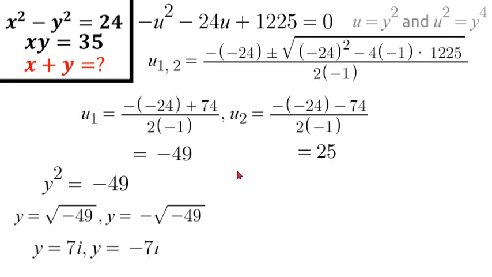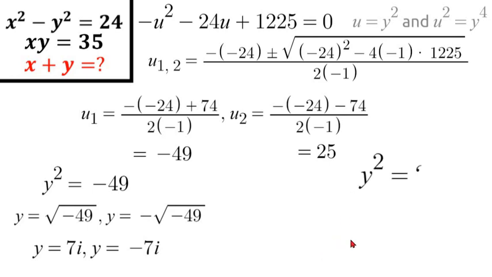And the square root of negative 49 would be 7i, because we can pull out our square root of negative 1, which is equal to i, which we previously talked about in the other example. And same thing, we'd have negative 7i. So those are two of our y values.